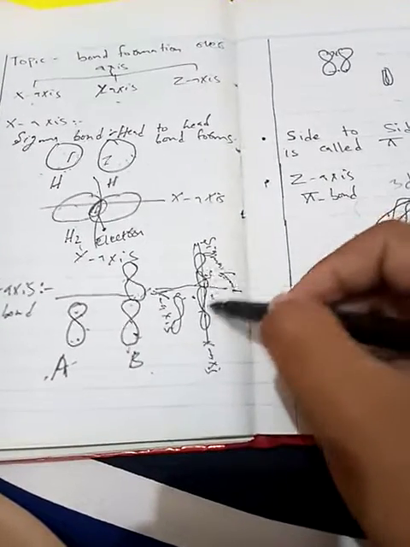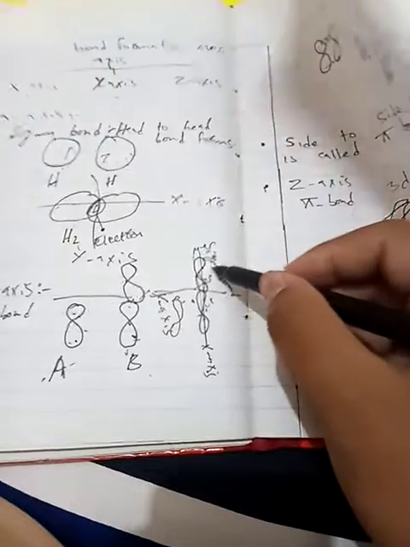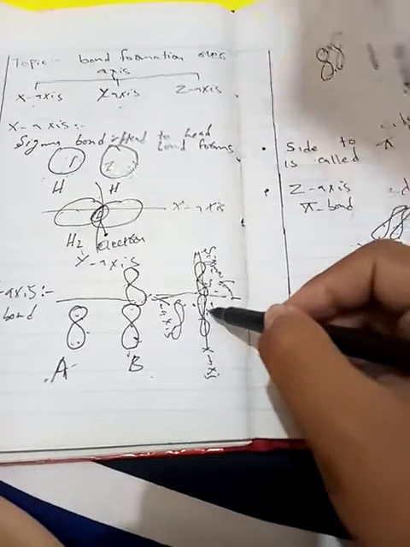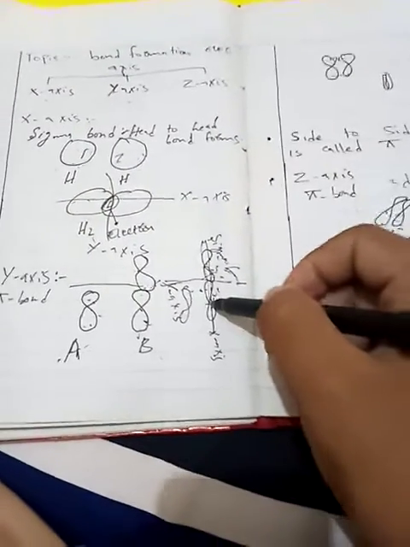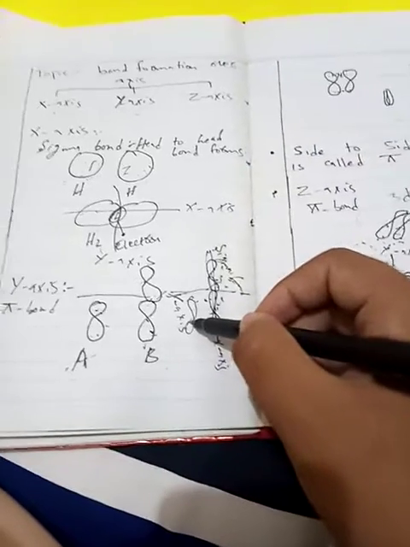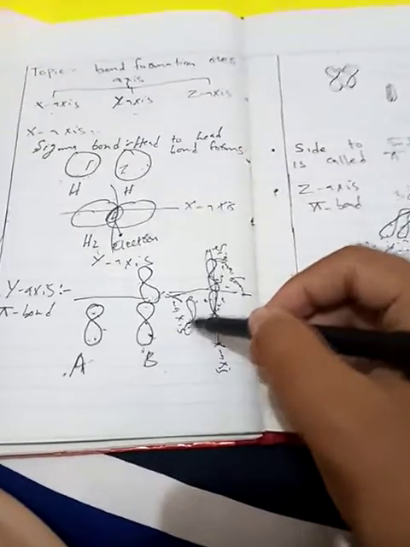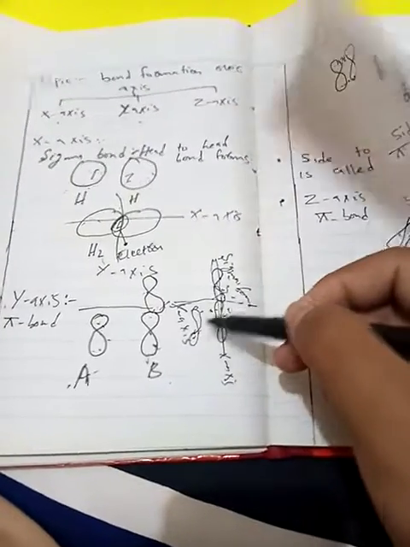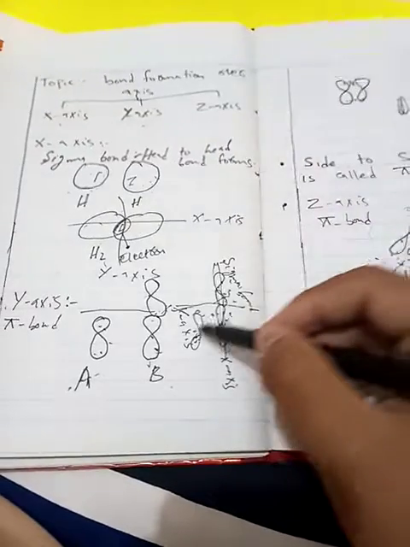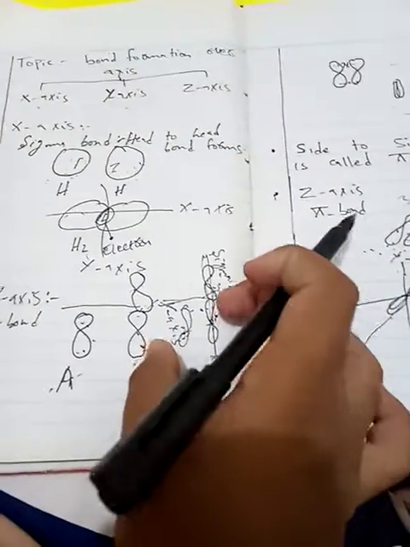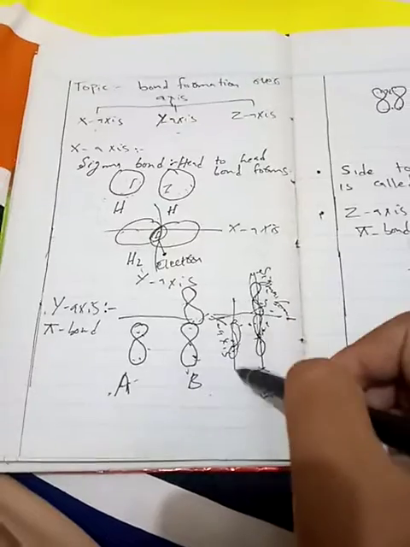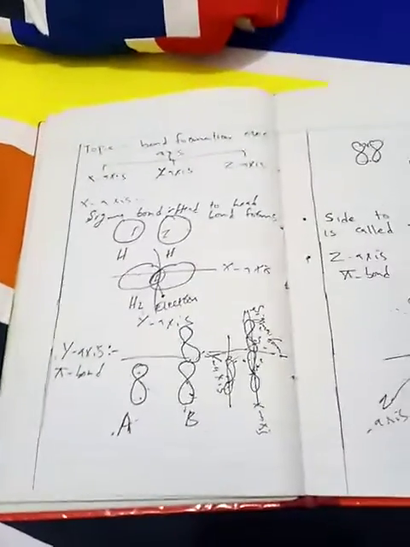Like this: they are on the x-axis and connected in a sigma bond, and if one orbital wants more electrons and has the capability to share electrons, they will do it like this. They will be on the y-axis, and this one orbital on the x-axis. So this is the example of a y-axis bond.